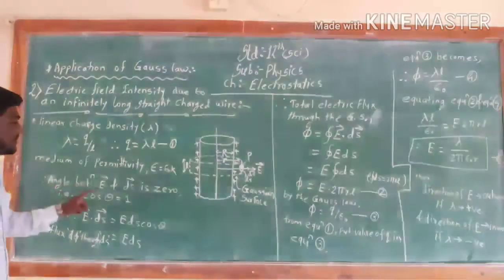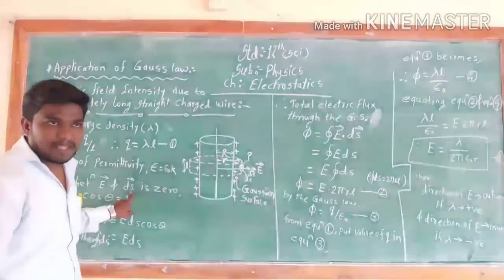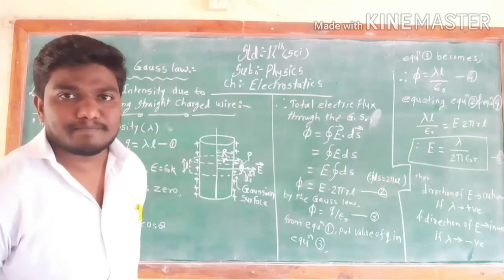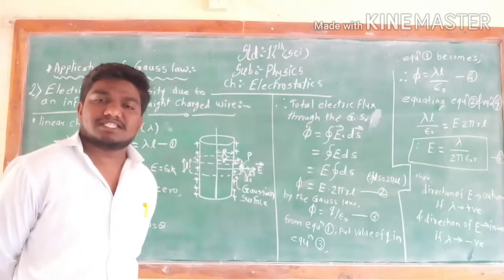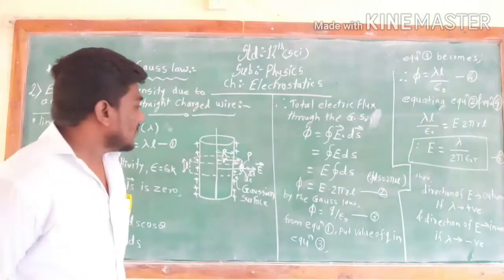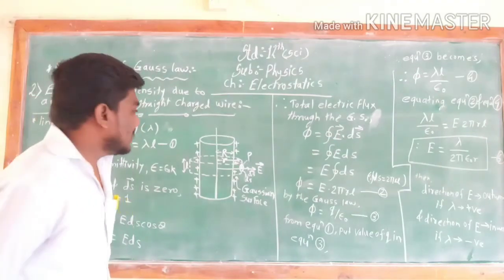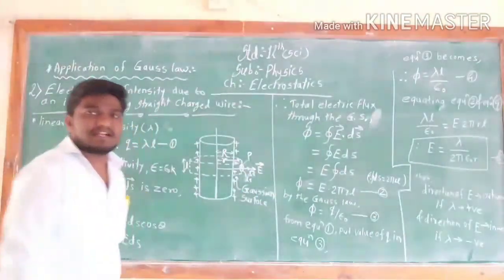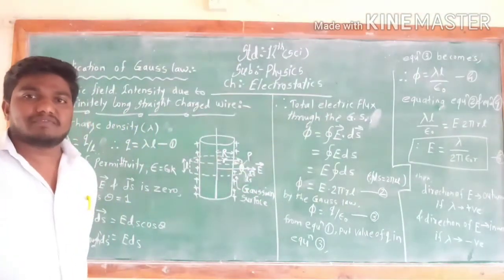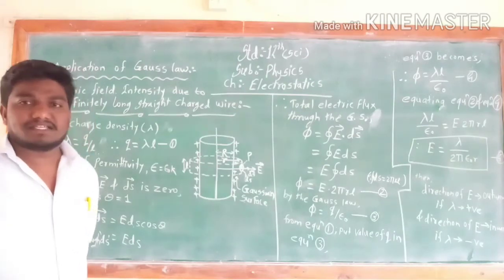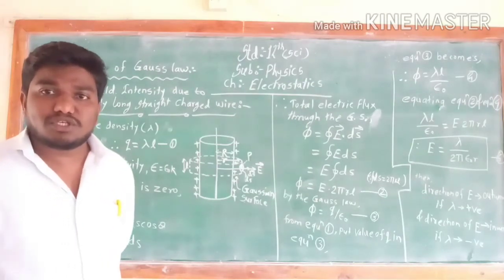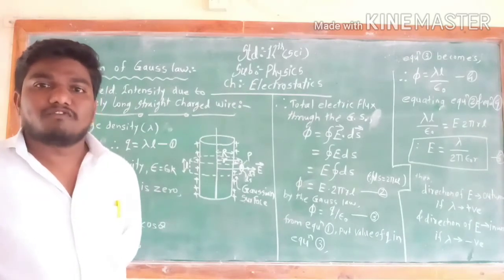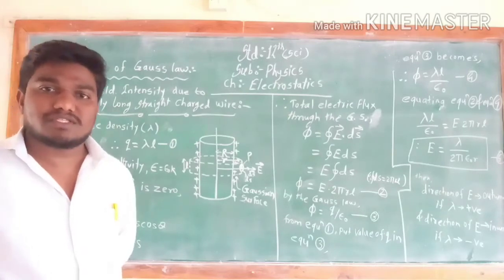Therefore, the angle between E bar and dS bar: E bar is the direction of the electric field, and dS bar is the direction of the area of the small surface dS. The angle between the electric field E bar and the area dS bar is 0. Therefore, cos theta is equal to 1. We know that cos 0 is equal to 1.